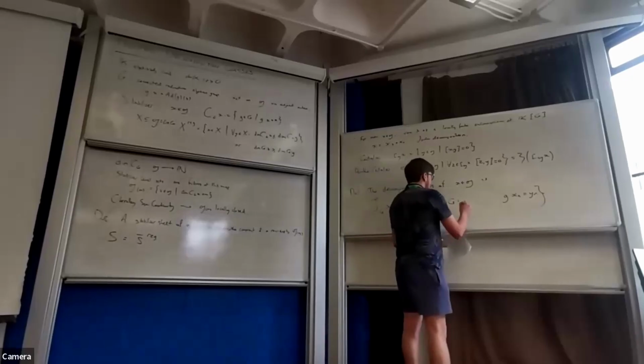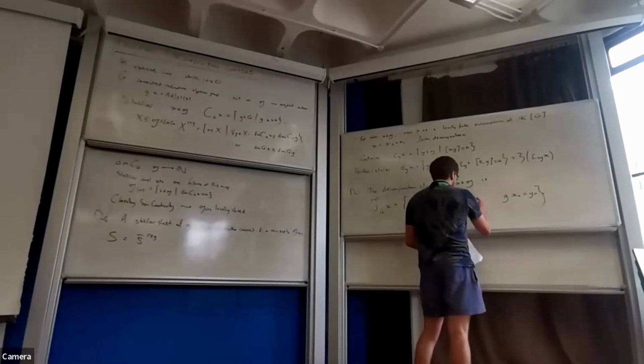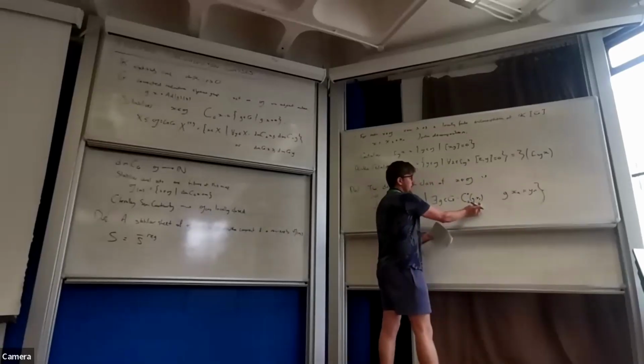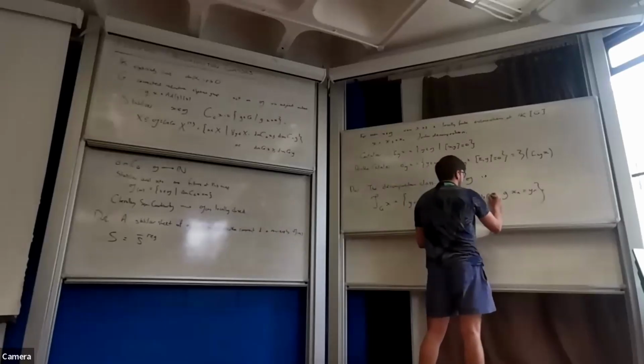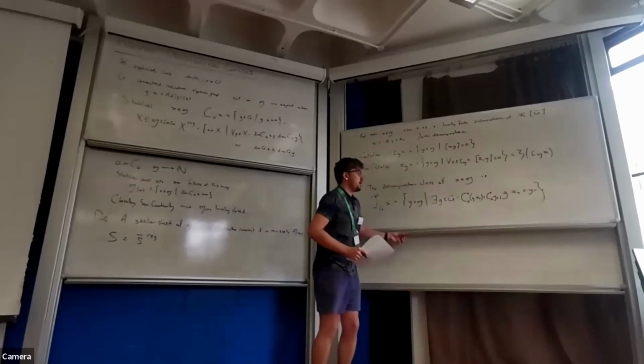So what we want to do instead is send the act on it by the joint action and then take the connected component of the stabilizer and send that to the connected component of the stabilizer, the semi-simple part.